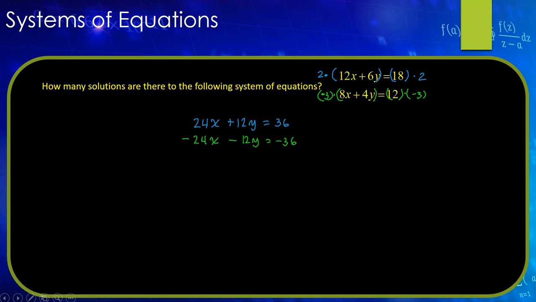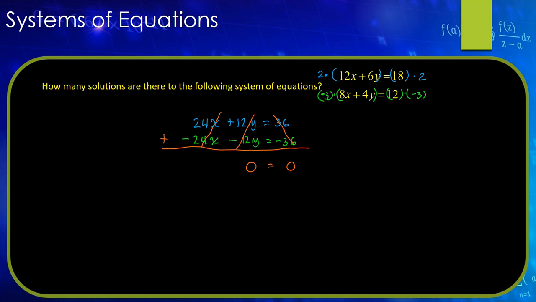Now when I add these together, something happens that causes a special case. On the left-hand side, everything cancels and becomes 0, but everything on the right-hand side does the same thing. So I had to put the statement that 0 equals 0.